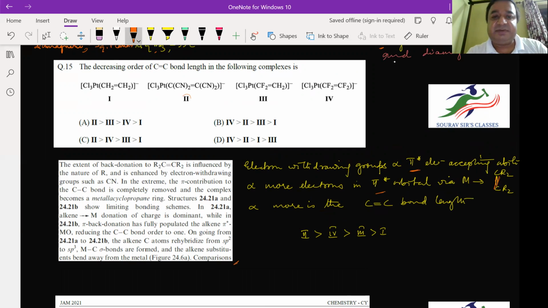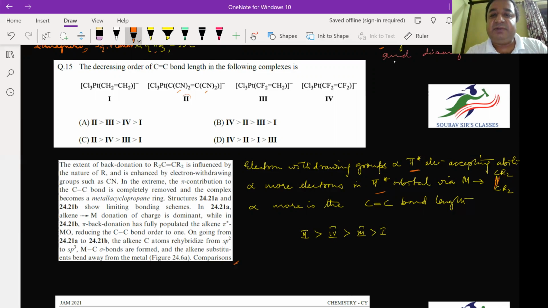If we check, we see that complex 2 is joined to 2 such CN. So that will be the most electron withdrawing, and that will have the highest bond length, because here it is far easier for electrons to get donated into the pi star orbital of the derivatized ethylene.